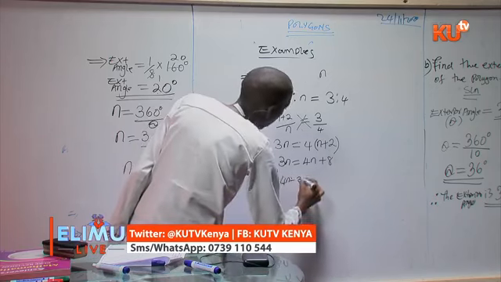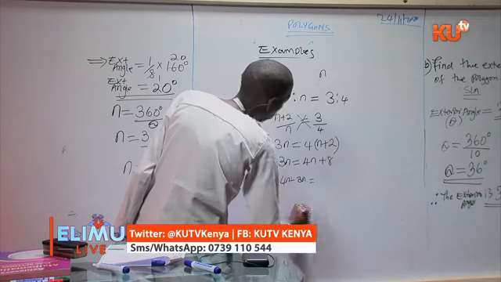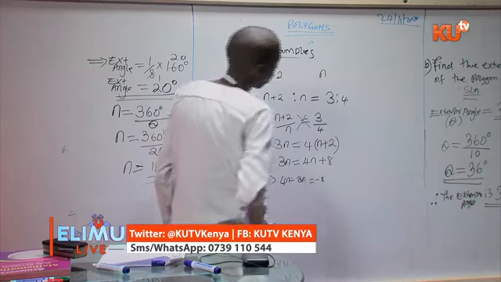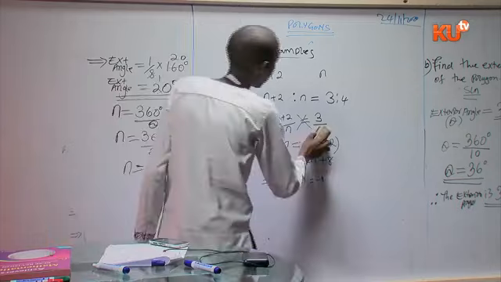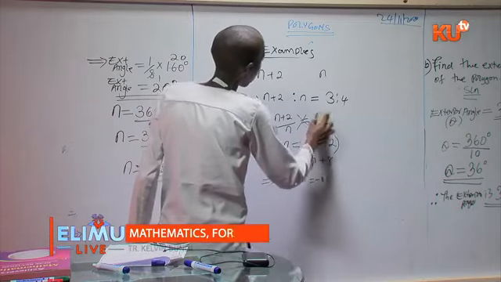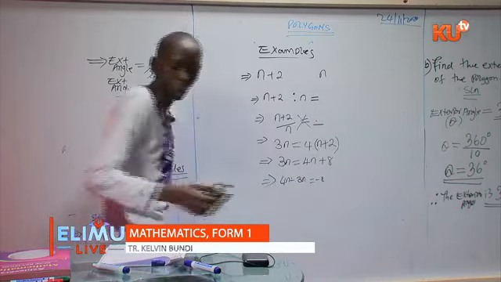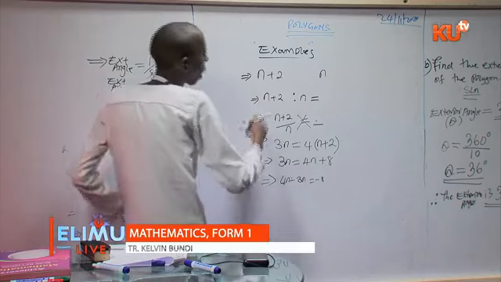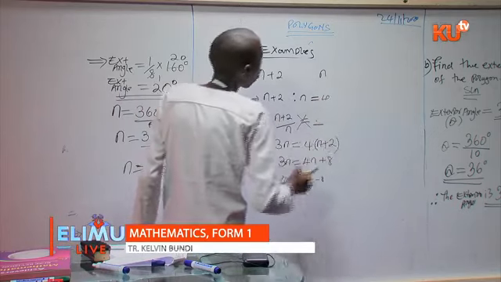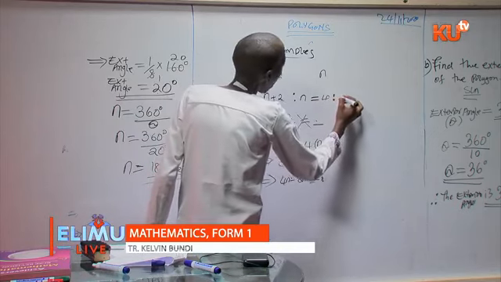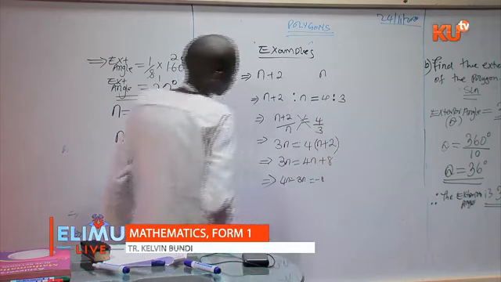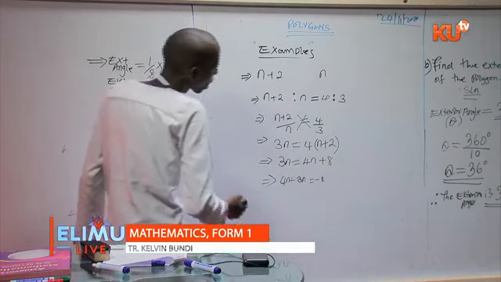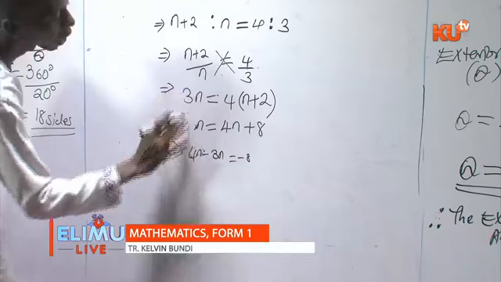Sorry, let us correct somewhere. n plus 2 is the one which has 4, and n has 3. So we'll have 4 over 3. Sorry for that. So that now we'll have 4n.